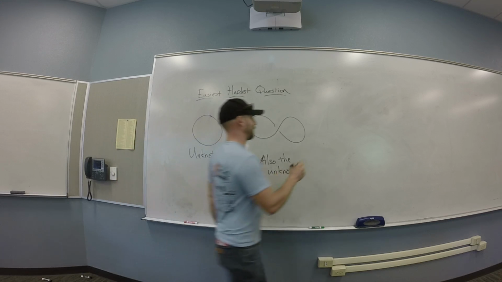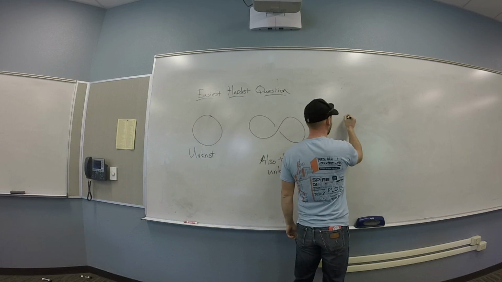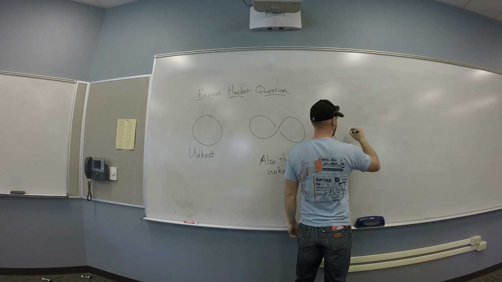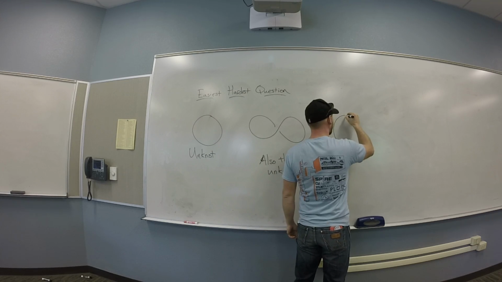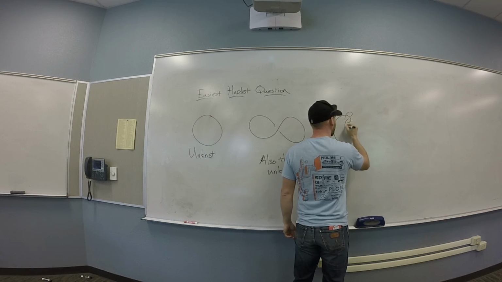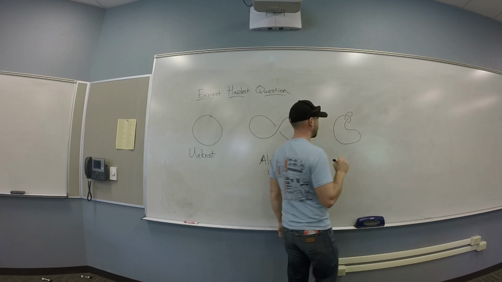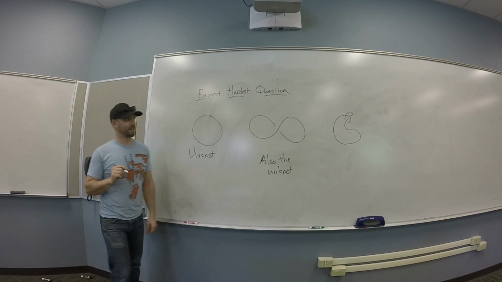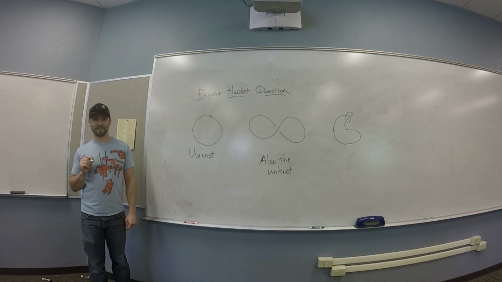So if I spend a second and very carefully draw, let's see, I need one that goes like this and over and then back through. Sorry, that one got small. You guys see that though?